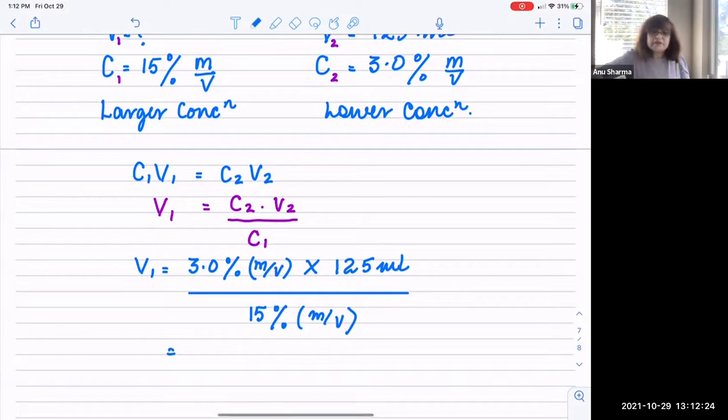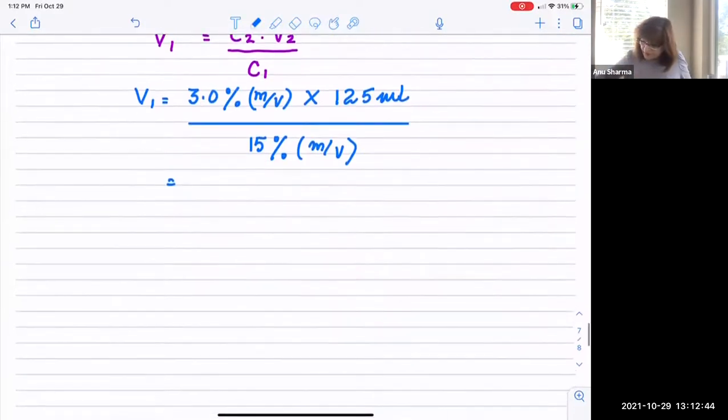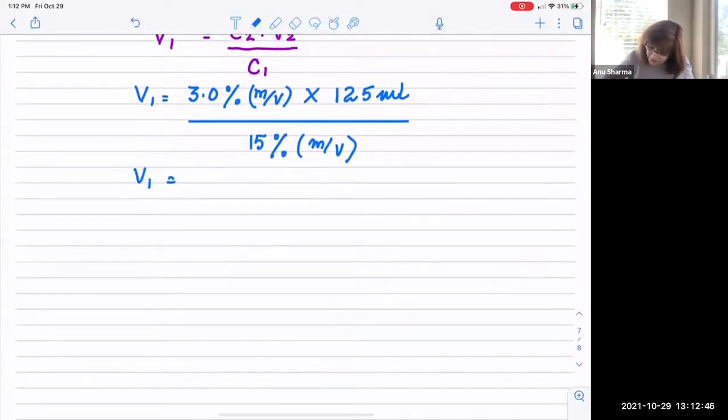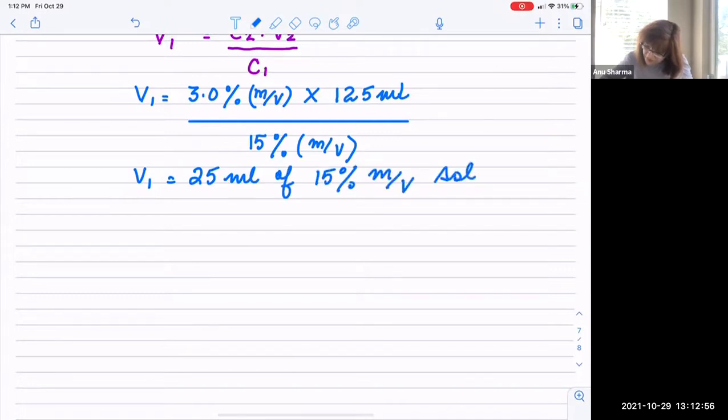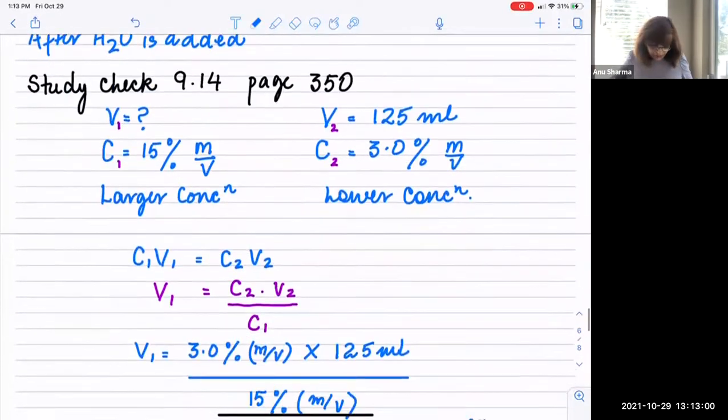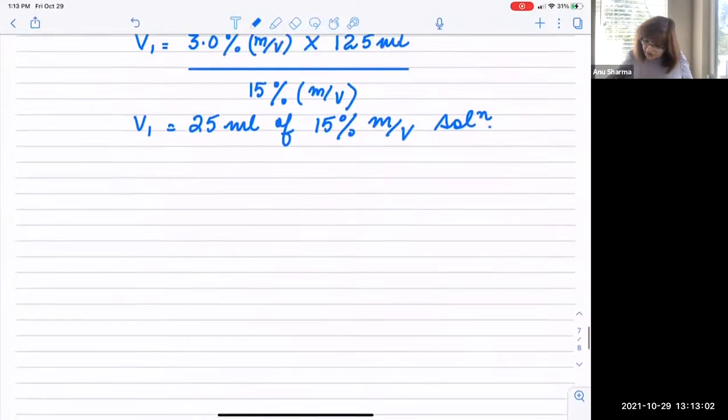So here, what do you get? The volume is 25 milliliters of the 15% mass by volume solution. So this is one problem, study check 9.14. Next, let's do 9.15.